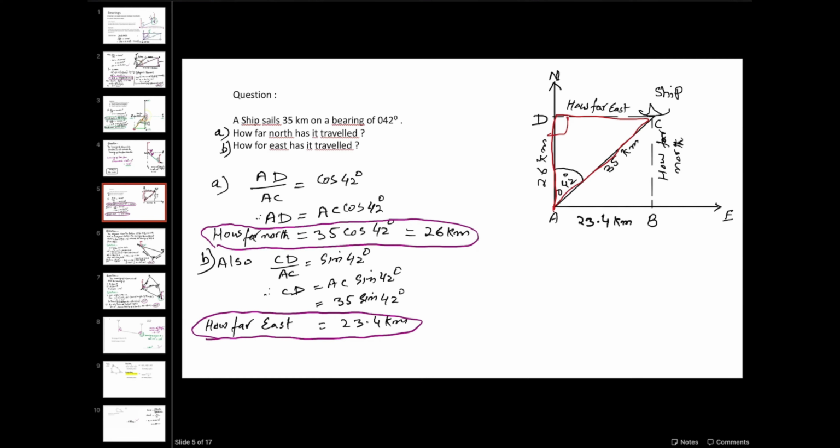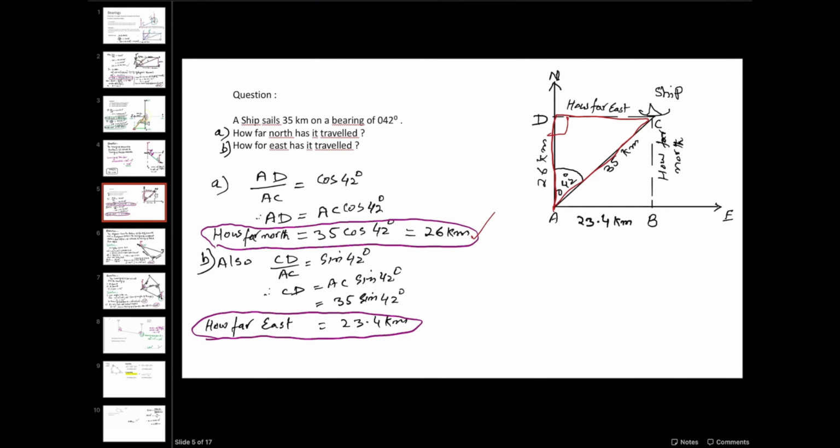So AD is equal to AC cos 42 degrees, but the value of AC is 35 kilometers. So substitute the value of AC in the equation. Therefore AD is equal to 35 cos 42 degrees, which is equal to 26 kilometers.